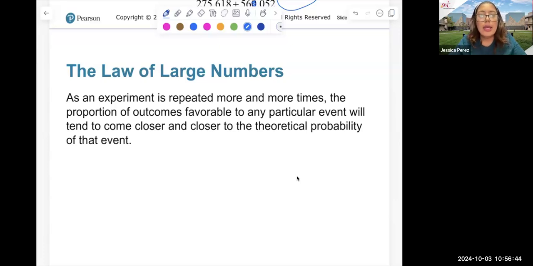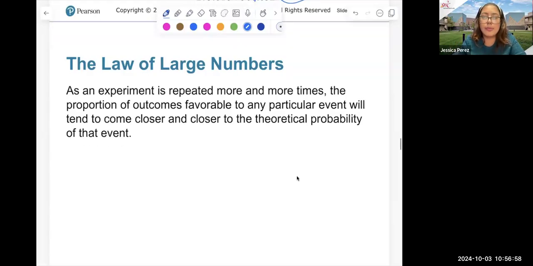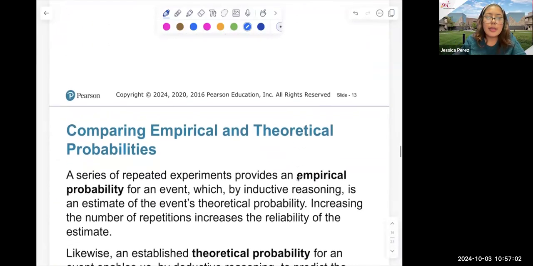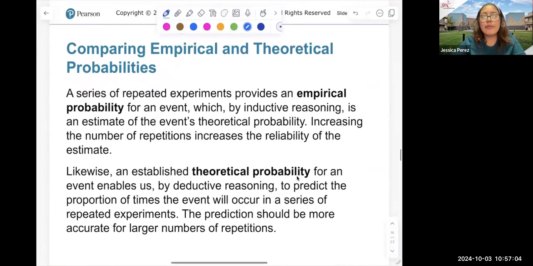So when you do an experimental probability, the more times you repeat it, the closer it's going to take you to your theoretical probability. That is the definition. Let's look at comparing the differences between empirical and theoretical.